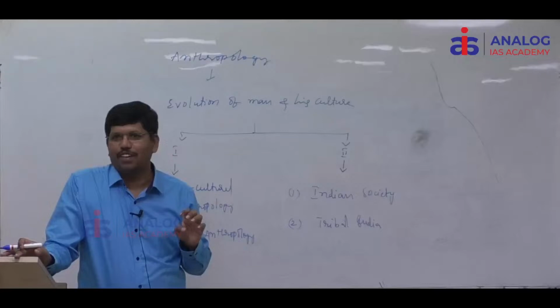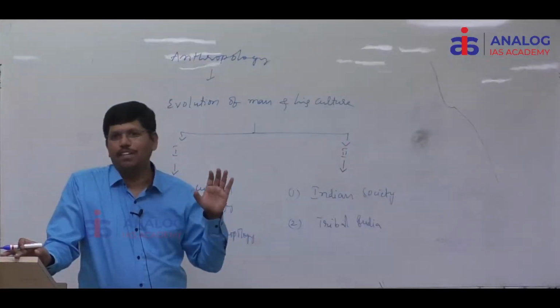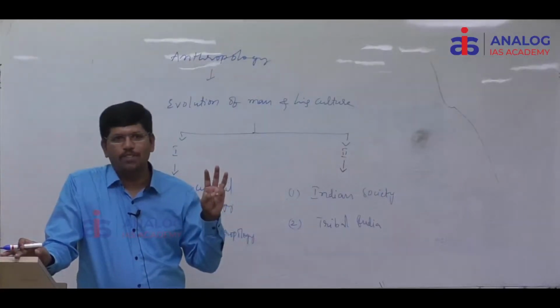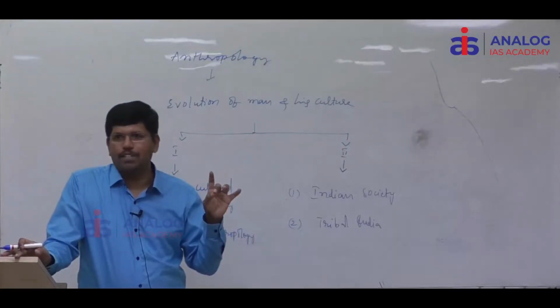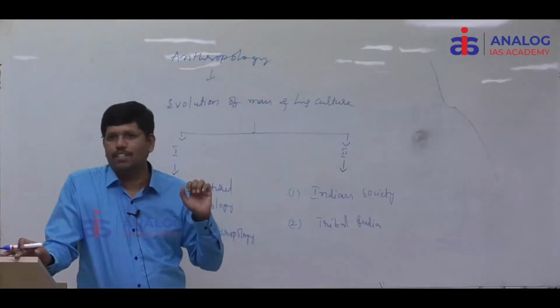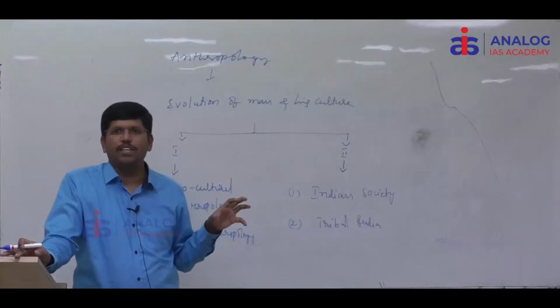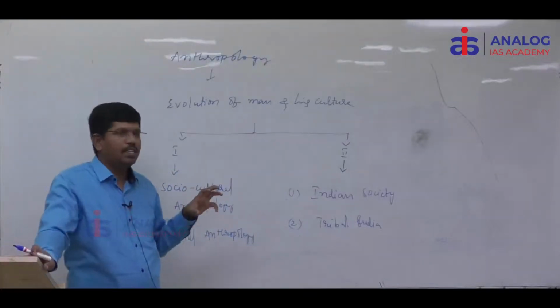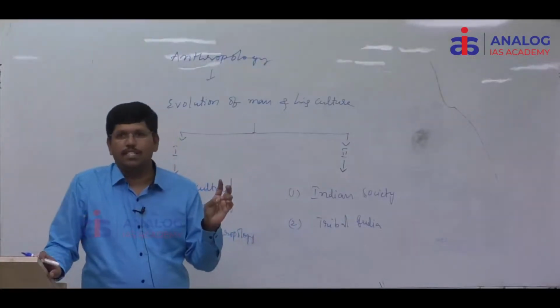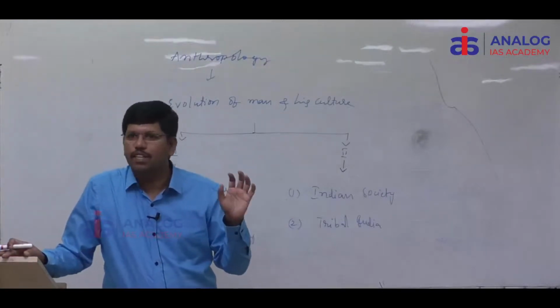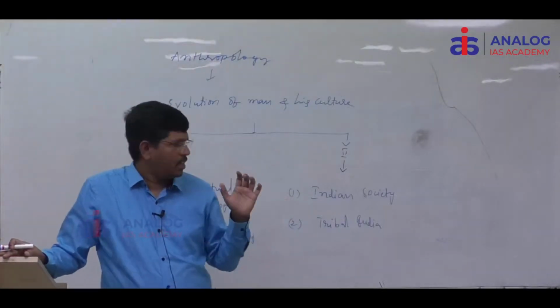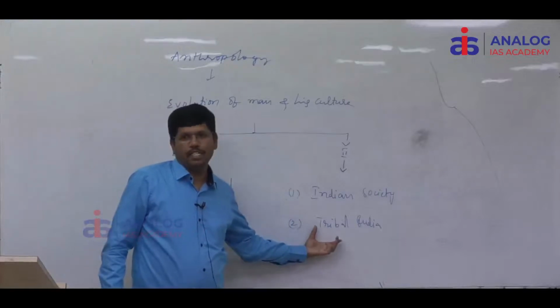Apart from those people, there are many other weaker sections: old people, children, females, women. But as far as social sections are concerned, we consider SCs, STs, OBCs, minorities as the weaker sections. Here, we are going to study tribals in detail.